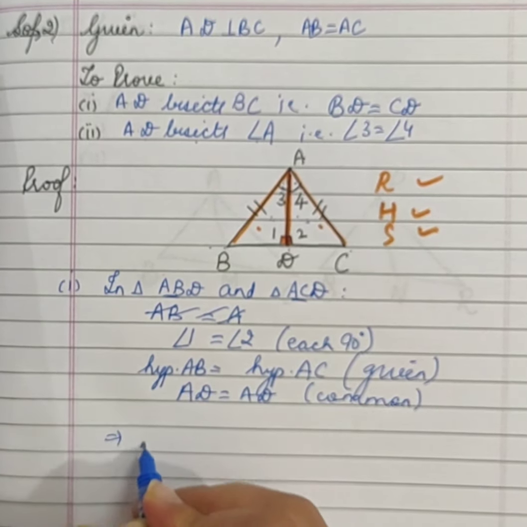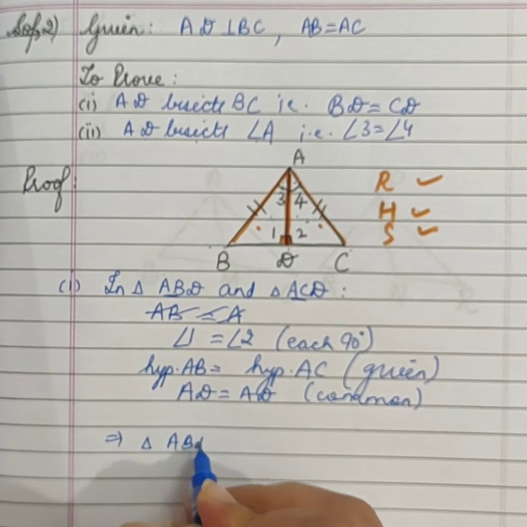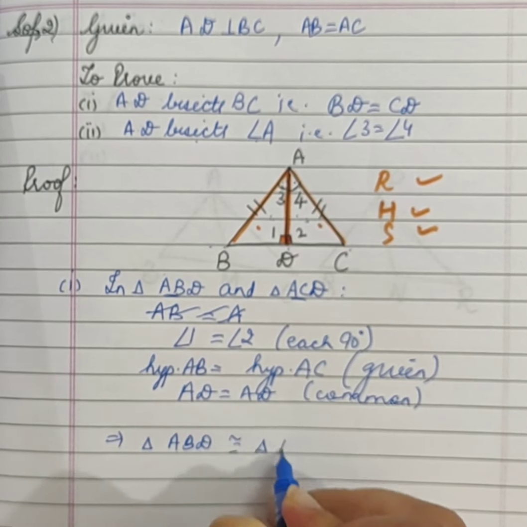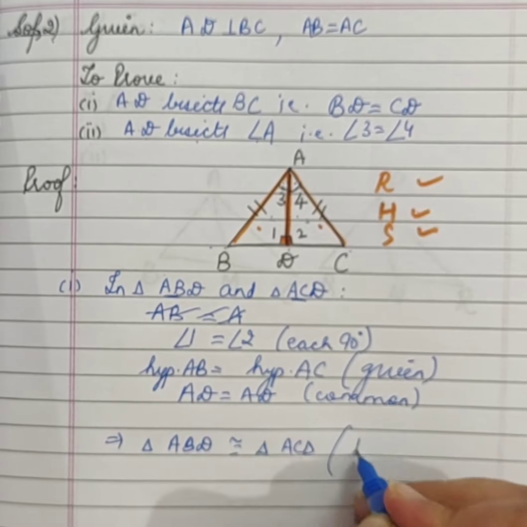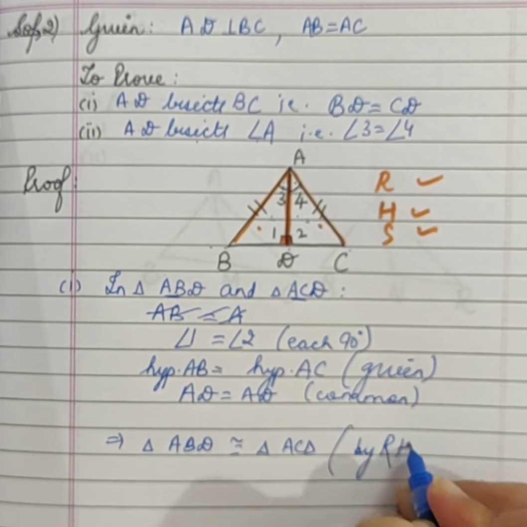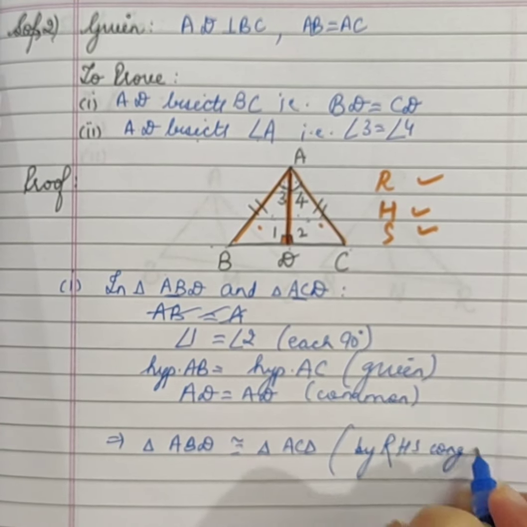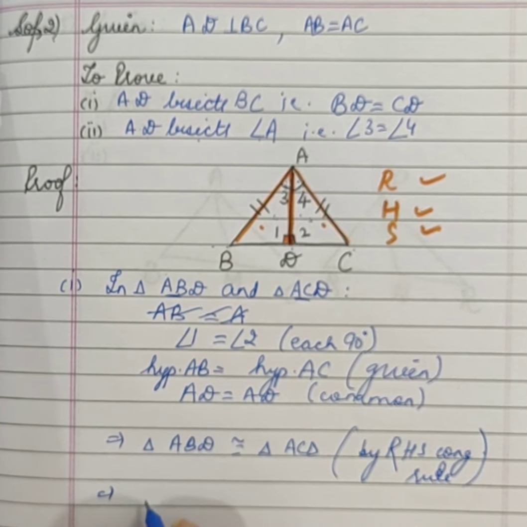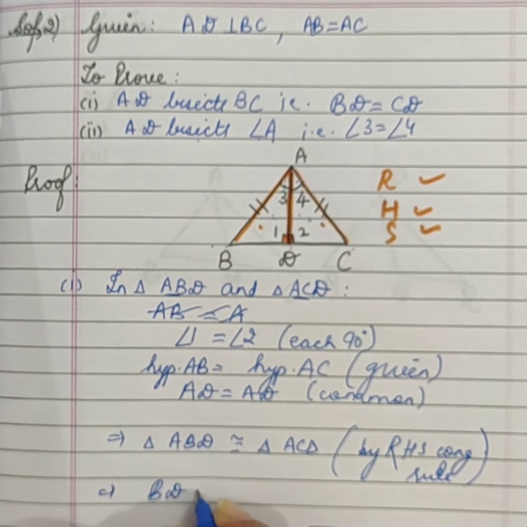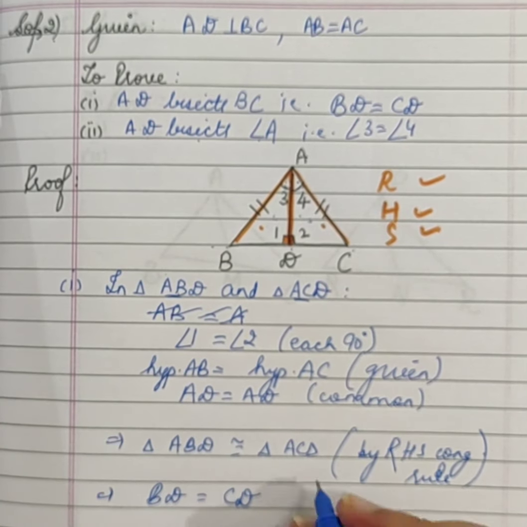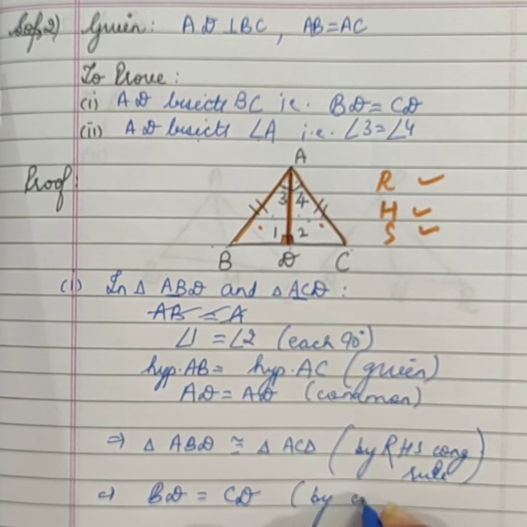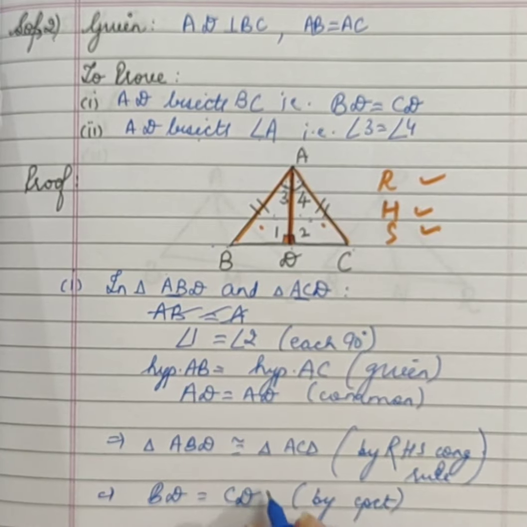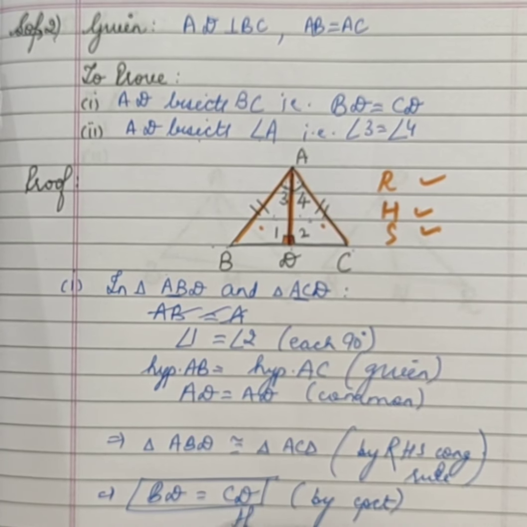So this implies triangle ABD is congruent to triangle ACD by RHS congruence rule. It implies BD is equal to CD by CPCT, hence proved.